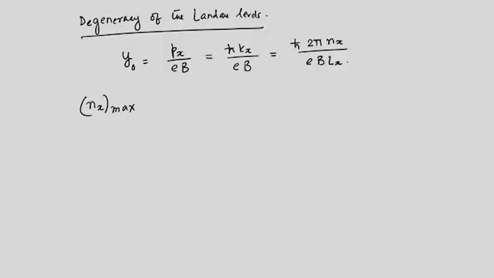So, the maximum value of y0 will be Ly, and so the maximum value nx max can be obtained if you substitute y0 as Ly. So, this is equal to eB Lx Ly divided by 2 pi h cross. So, that is the maximum degeneracy.